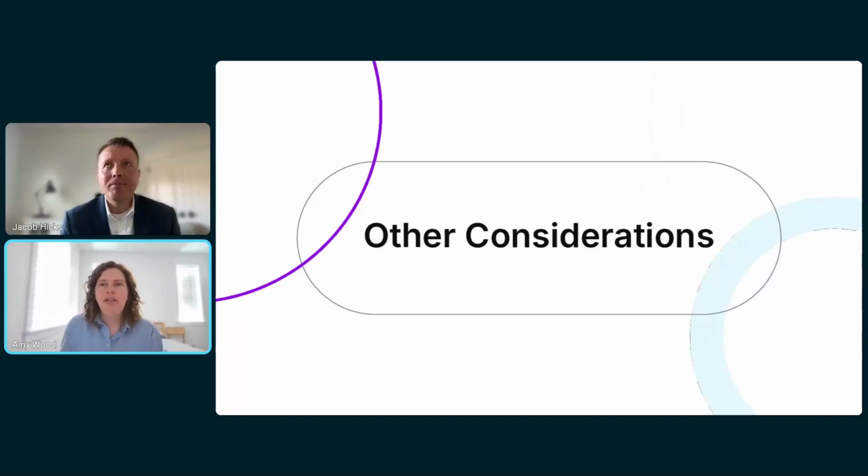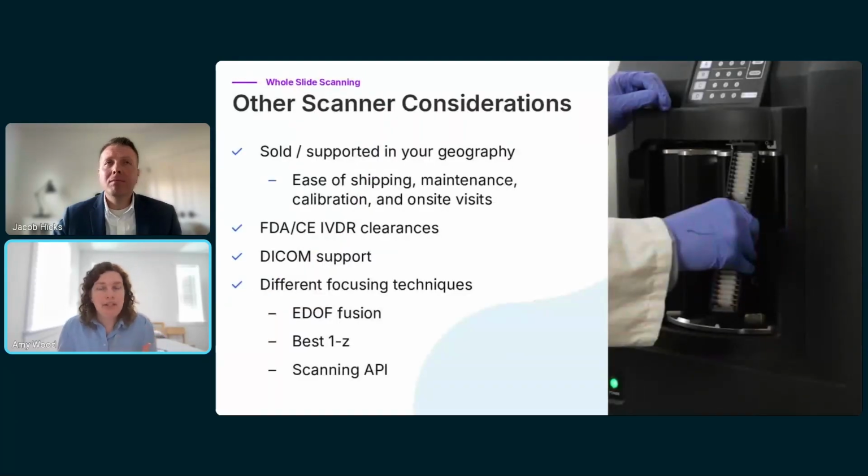So some other things to consider as you're thinking about how digital cytology could fit into the lab. There's a few things. One is obviously getting a good image so we can have a strong model. But there's a lot of other things related to the workflow that are important here. So one that we want to point out is whether a certain scanner is sold or supported in your geography.